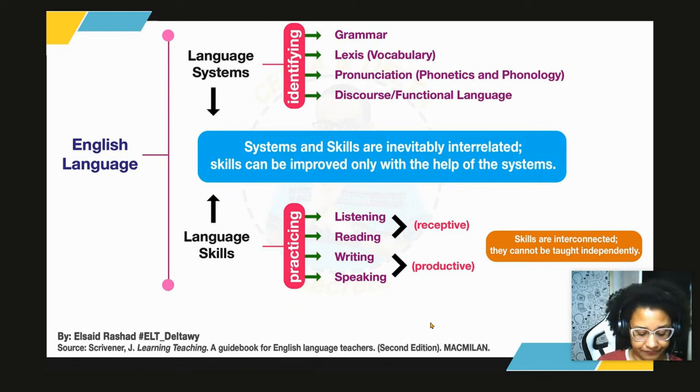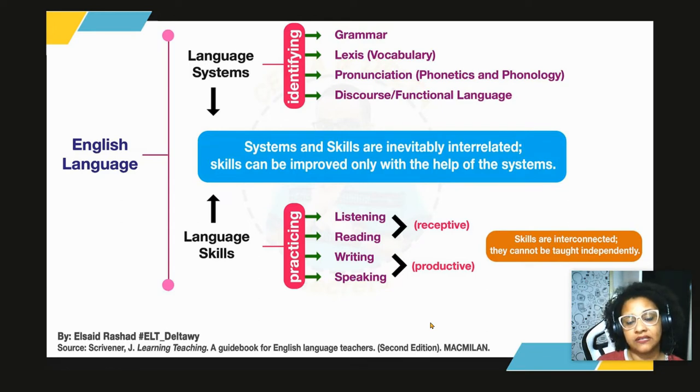Yeah. So based on what Gene Scrivener wrote in his book Learning Teaching, a guidebook for English language teachers, sorry, Hashad El Sad prepared and presented us with this beautiful chart, where he is presenting us with a summary of the idea, identifying and practicing.